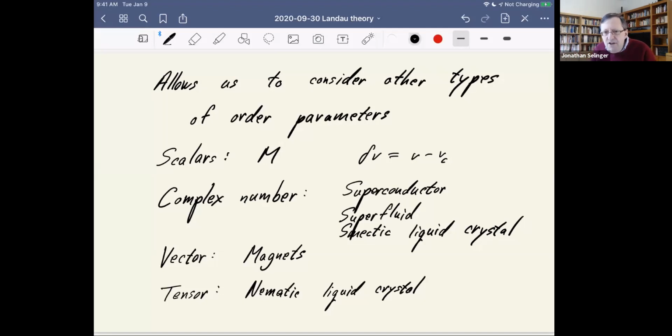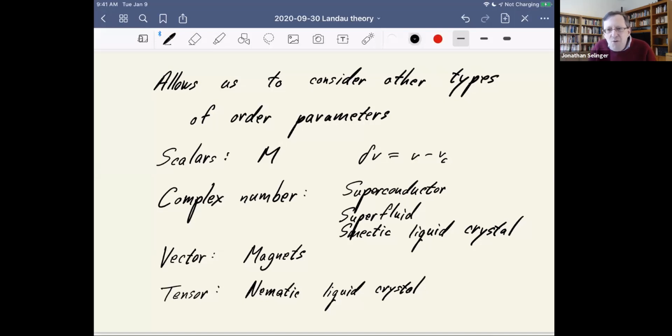Okay? And then we want to figure out what the free energy can be expressed in terms of whatever order parameters we have. The order parameters could be different kinds of mathematical objects, but the free energy is one kind of mathematical object. It's a real scalar.